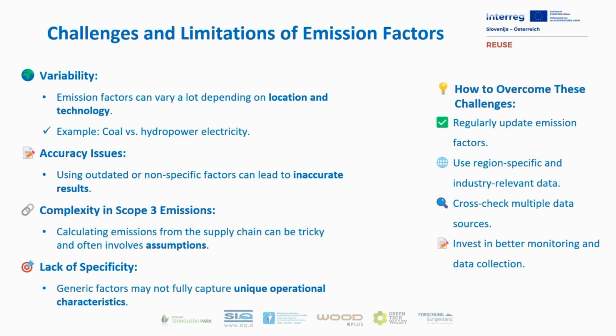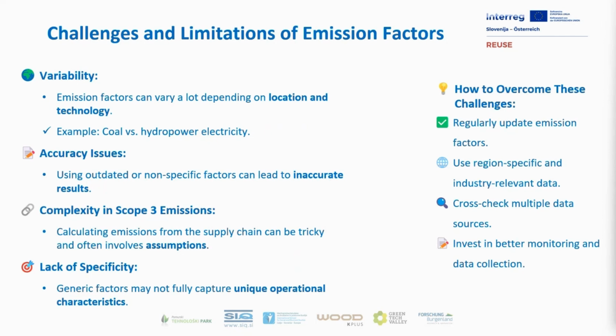And finally, there's the issue of lack of specificity. Generic emission factors don't always reflect the unique characteristics of a specific process or operation. Even if we're using a technically correct factor, it might still not fully represent what's actually happening in our organization.